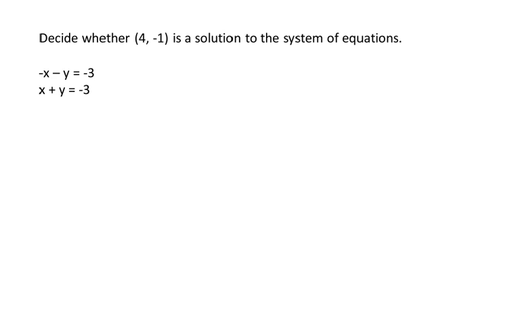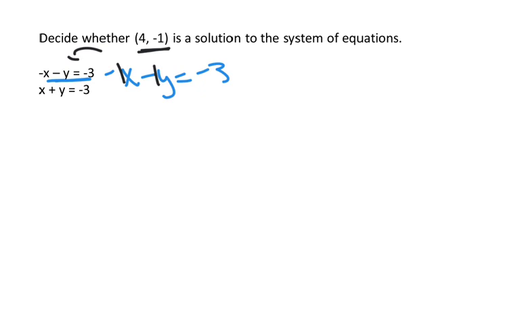Okay, example 2. Decide whether (4, -1) is a solution to this system. Once again, it has to work in both equations. So let's take the top one: -x minus y equals -3. Just as a reminder, this is -1x and this is -1y.